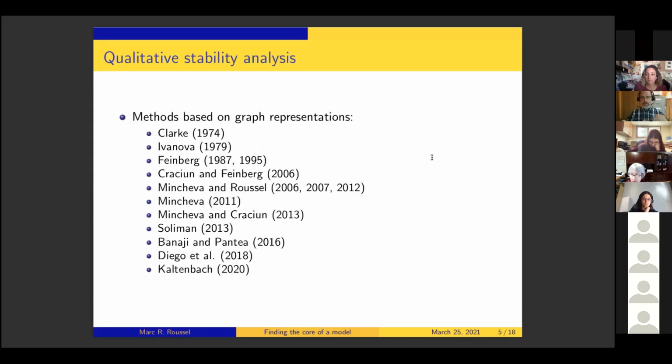Now, one of the reasons there's a hole in that slide before is because a lot of these methods are based on graph representations of, in particular, chemical networks. And of course, the cell is kind of a big, at least from my perspective, the cell's a big chemical network. And this stuff goes back at least to the 70s with Bruce Clarke, who was at the University of Alberta for many years.